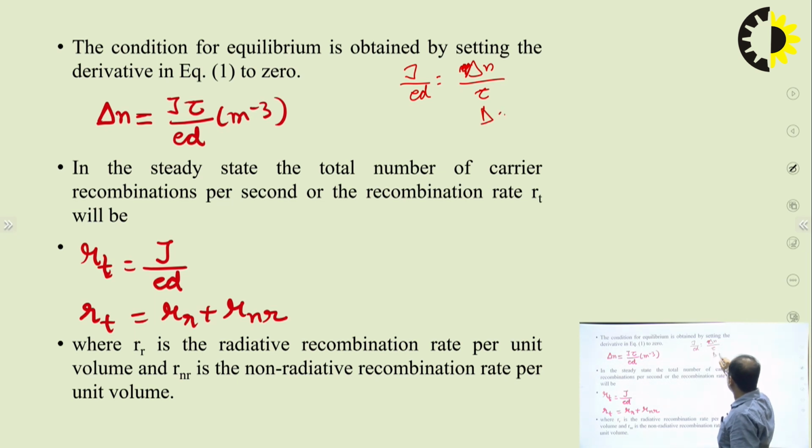So delta n will become equal to J into tau divided by ed.